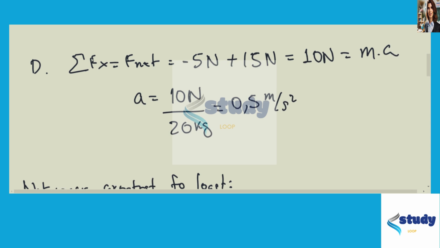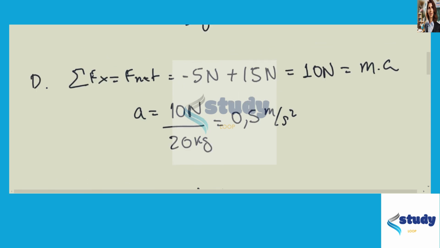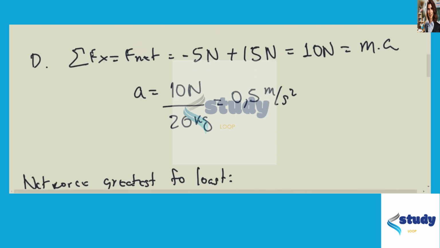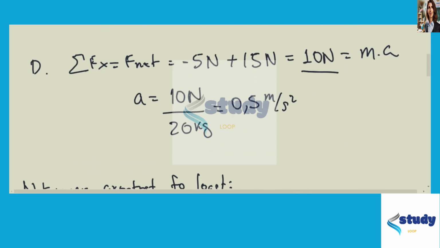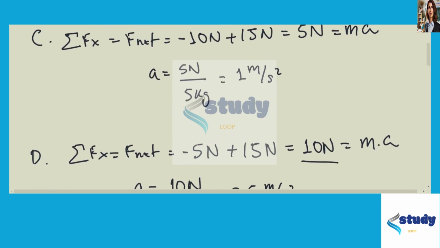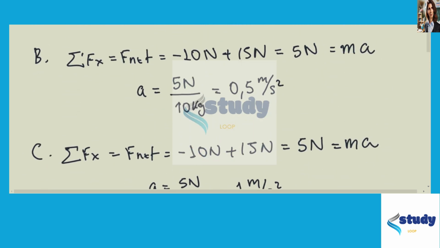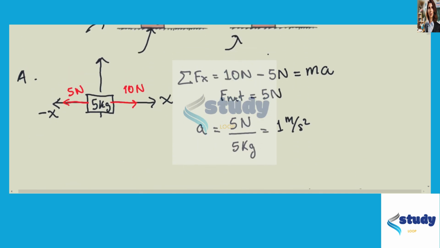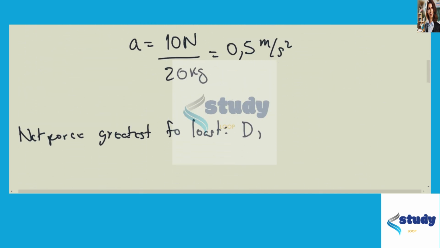The greatest force of them all is D, because it's 10 newtons. So D is the first one because it's the greatest, and the other ones are all the same. It doesn't matter what we put, we just simply put A is equal to B, that is equal to C.